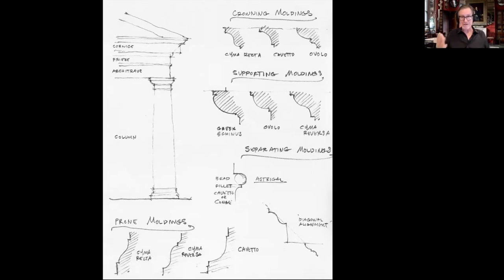If you're using watercolor, you could watercolor it. I imagine most of you are using a pencil or a pen, so a light cross hatch is good, but you want to show the solid part of the molding with a shading or a cross hatching. That way you don't get a kind of figure ground oscillation. You know which part is solid and which part is out in the open.